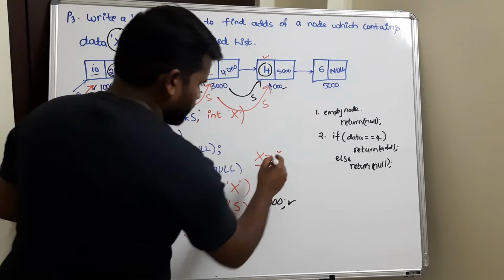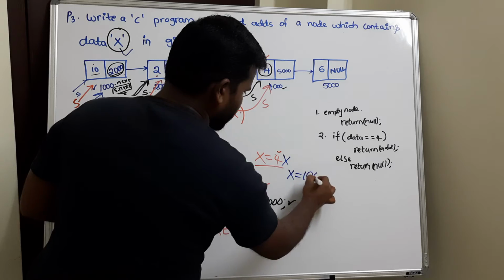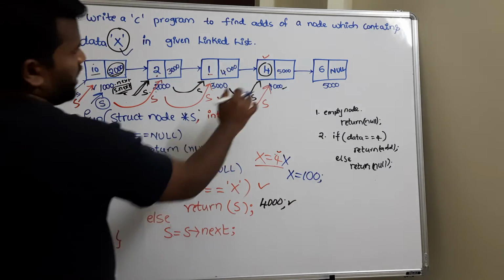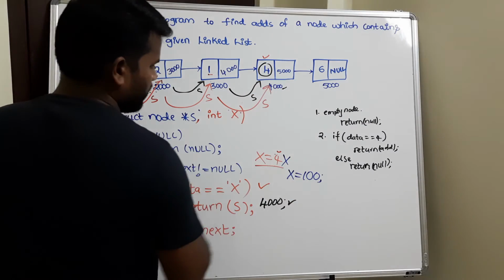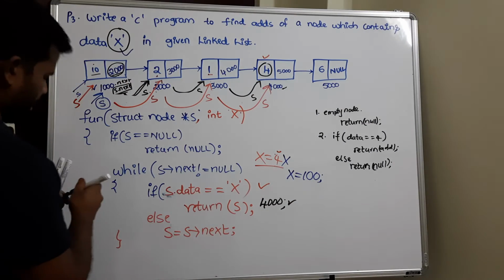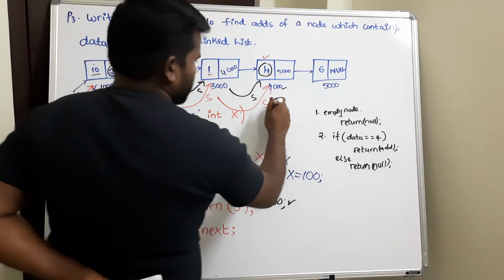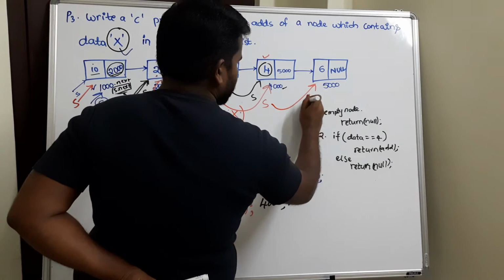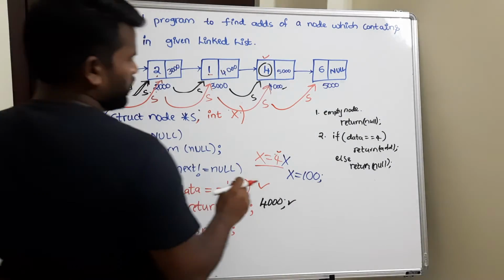For now, if x is not 4, say x is equal to some 100, right? Till now we haven't found 100, so the x condition fails again. Now we came inside, s is equal to s next, right? So here two possibilities.